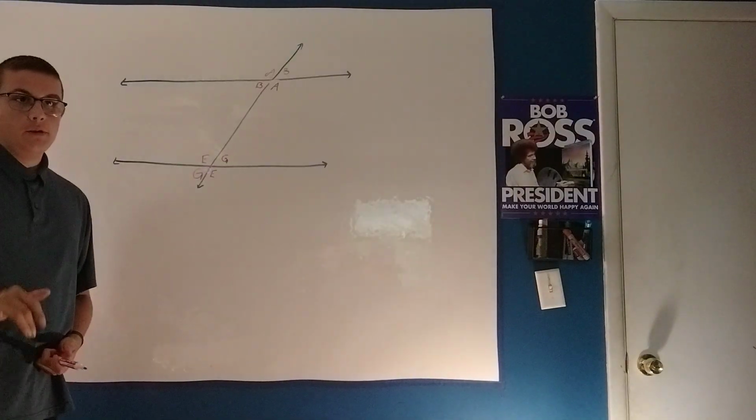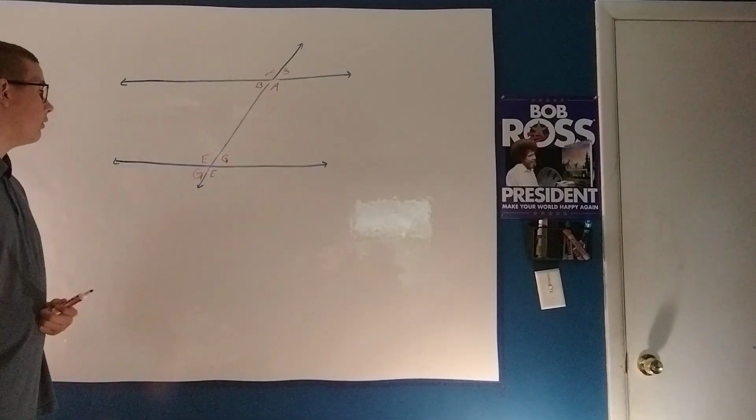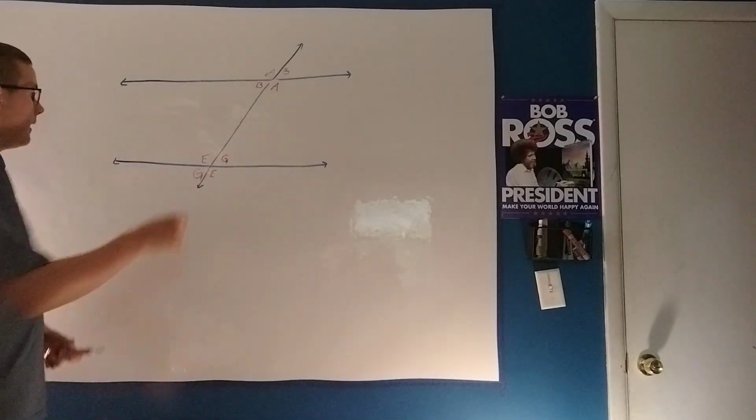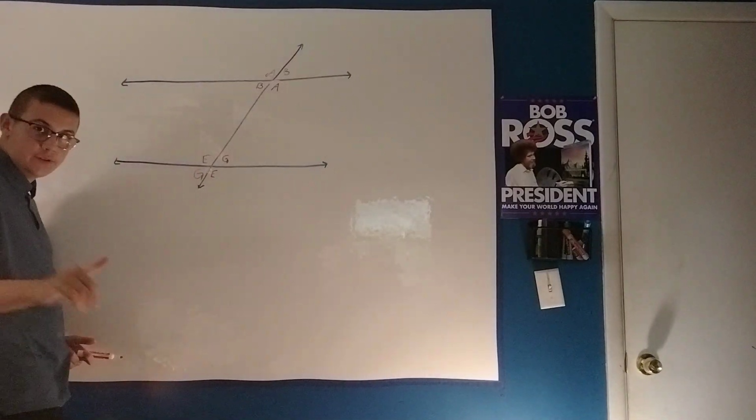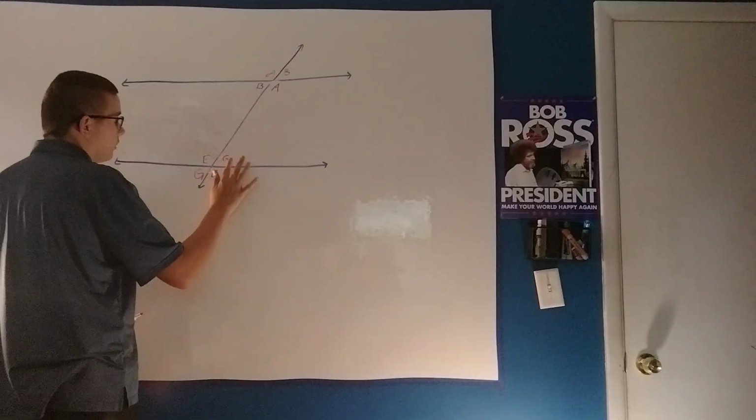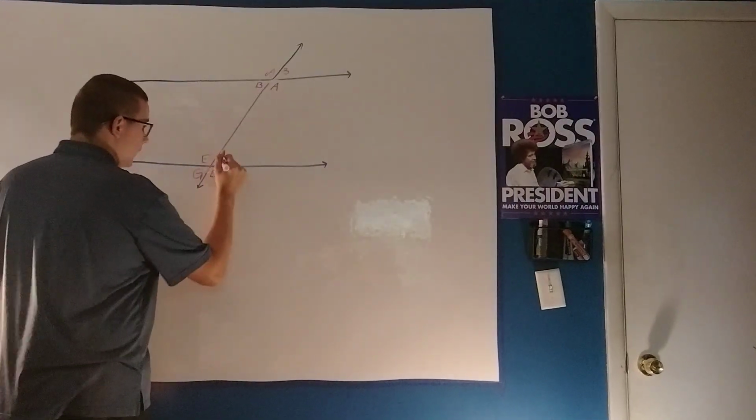Now, if we remember the alternate interior angles are always congruent, that would mean that B and G are the same angle, they're the same measure, so we can replace all of our G's with B's, right?